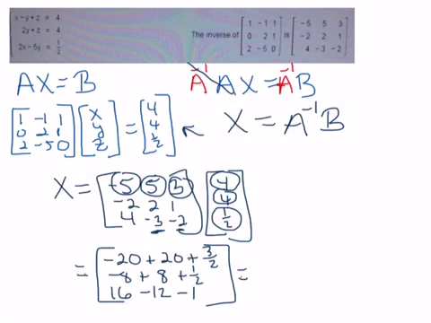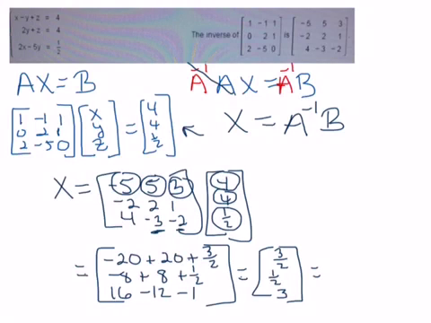So when we add together the components of each row, we have x is equal to -20, +20 cancel, so 3/2. -8 and +8 cancel, so 1/2. And 16 minus 12 is 4, minus 1 is 3.